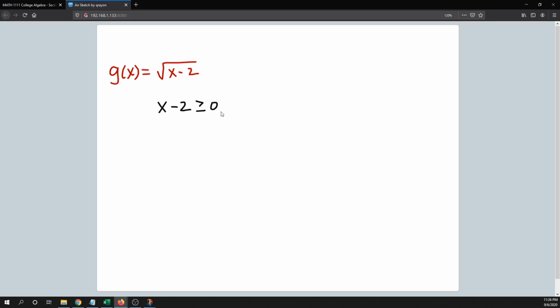We would solve that inequality. When we solve that inequality, we get x is greater than or equal to 2. And so that is the domain. The domain written in inequality notation would be 2 to infinity, like this.